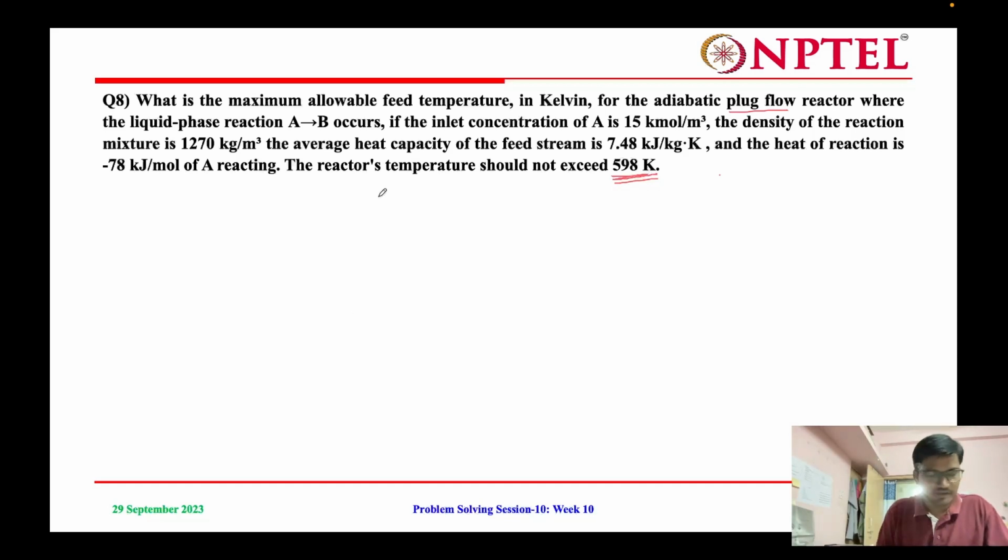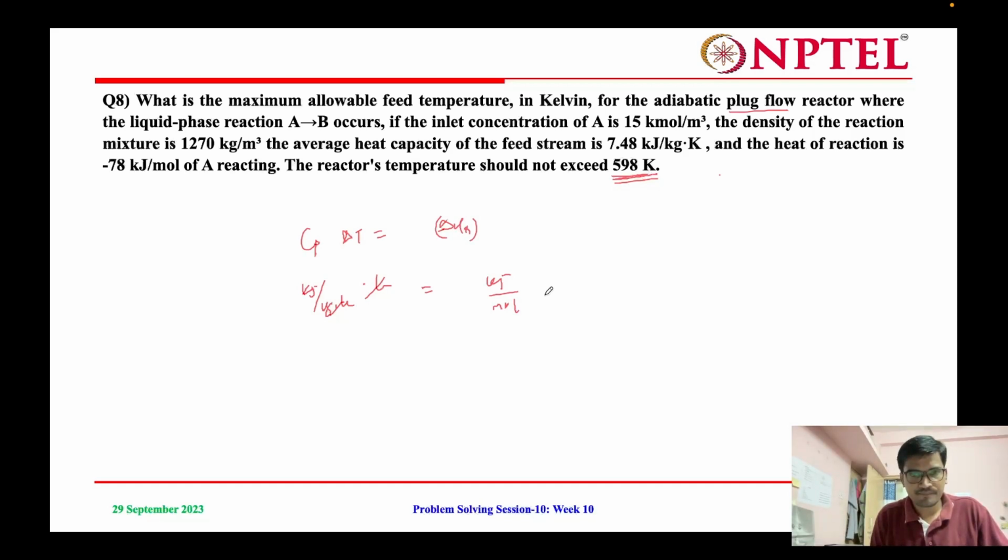This means the same energy balance equation, Cp dT equals delta H, with the units kilojoule per kg per Kelvin and kilojoule per mole, and X is 1.